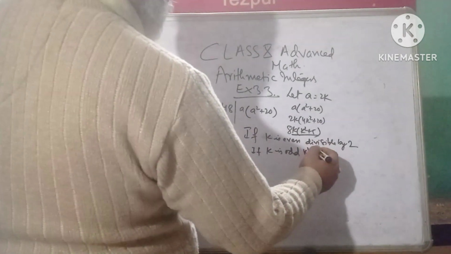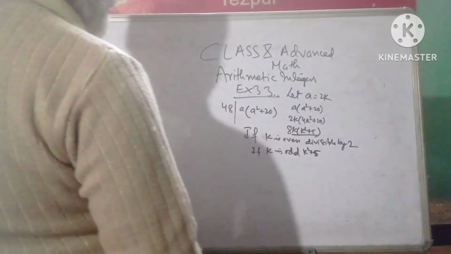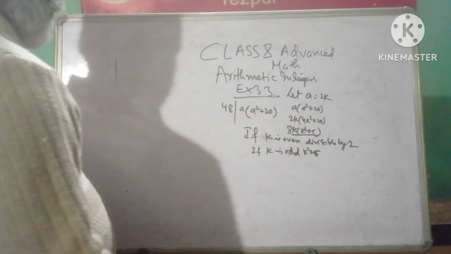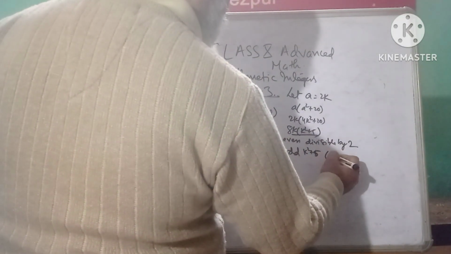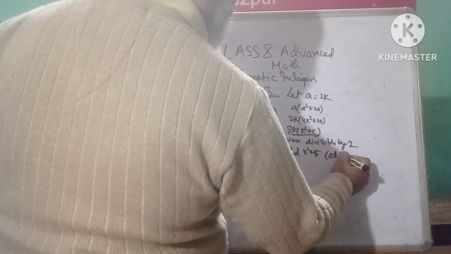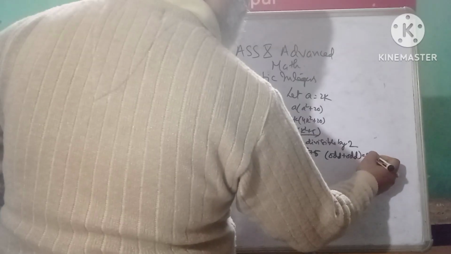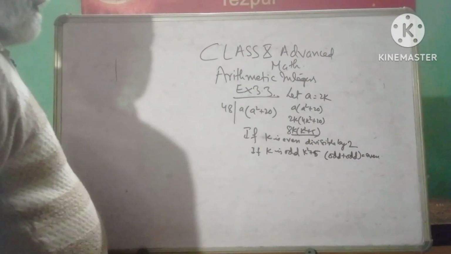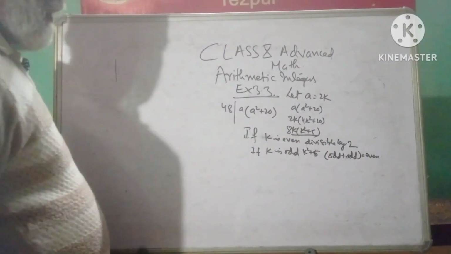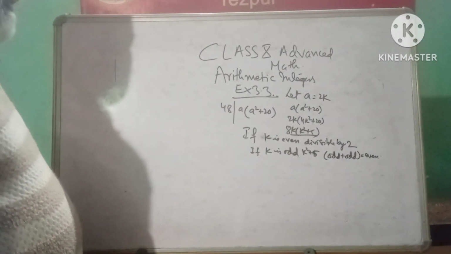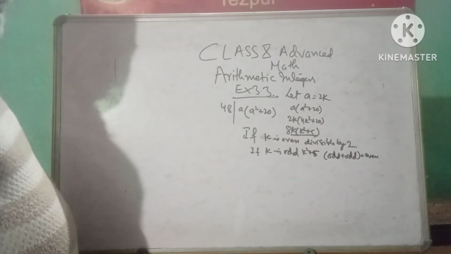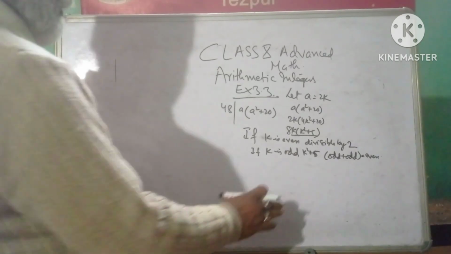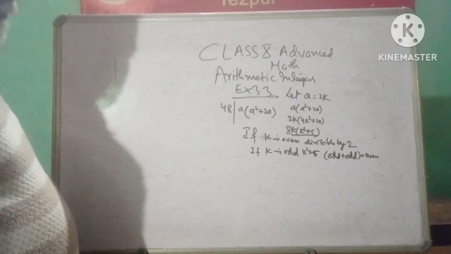So here what we find that sum of two odd numbers is even. So we find that either we take k even or we take k odd, it is divisible by 2.